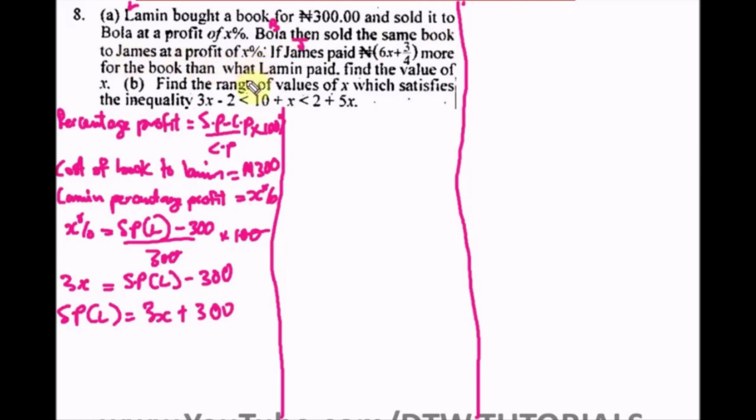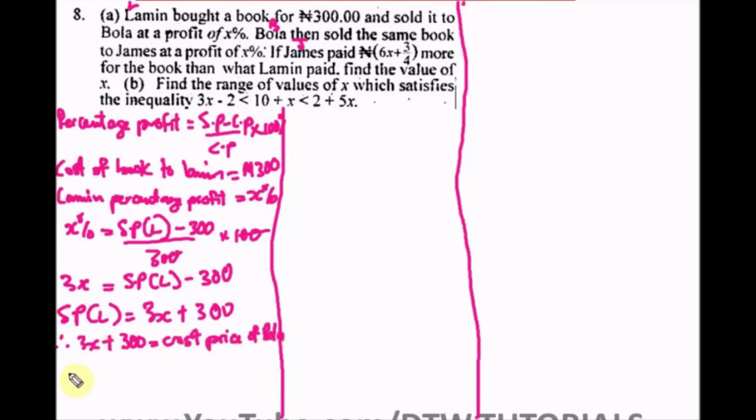And then sold the same book to James at a profit of x percent. So we now have to look for the selling price of Bola. Okay, since Bola bought the book at 3x plus 300, so we are going to write here, so therefore 3x plus 300, you have to state all these things please, is equal to cost price of Bola.